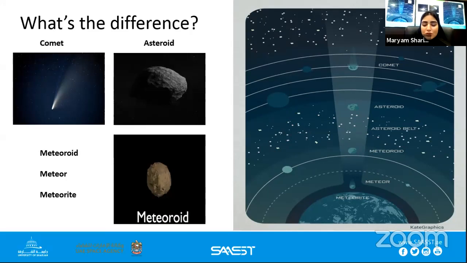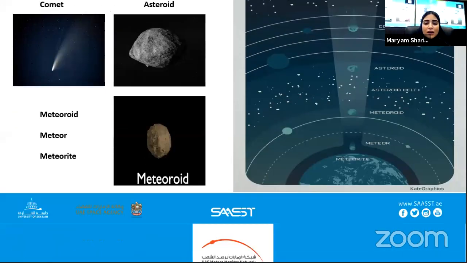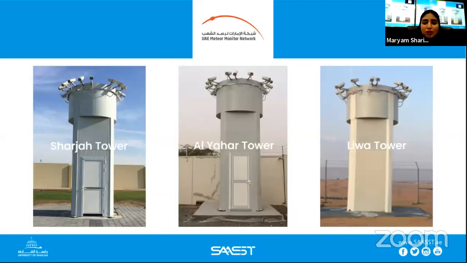The UAE Meteor Monitoring Network is a project funded by the UAE Space Agency and operated by the Sharjah Academy for Astronomy, Space Sciences and Technology. The network consists of three identical towers in three different locations.